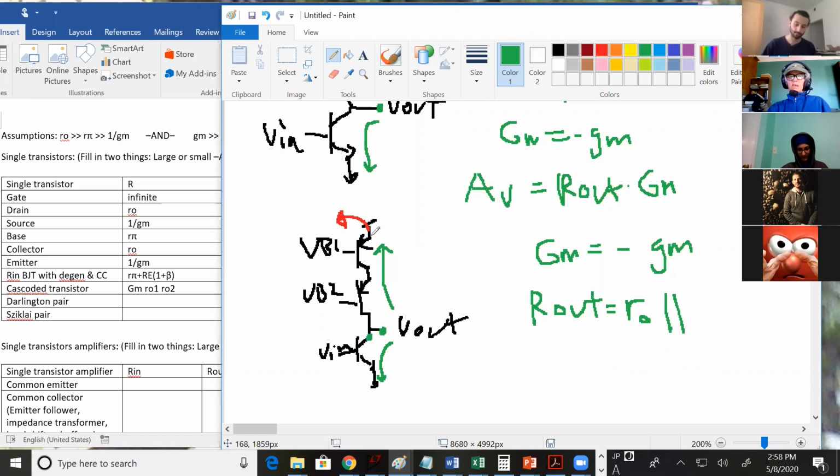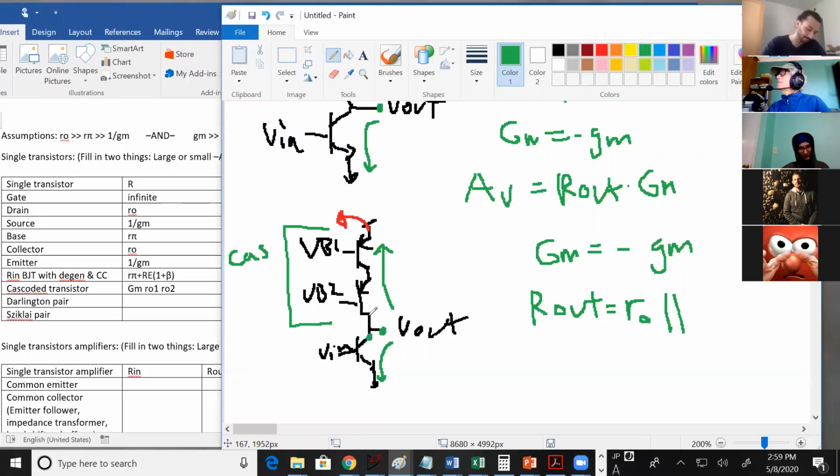What's the resistance looking up? This is cascoded, so it's the resistance looking into, I guess, the collector of a PNP. I don't know how you translate that list to a PNP. Okay, this is a special version. This is your cascoded. So it looks like you're looking into a collector, but these 2 transistors together actually form a cascoded transistor.